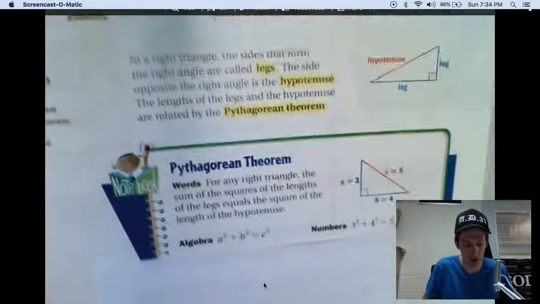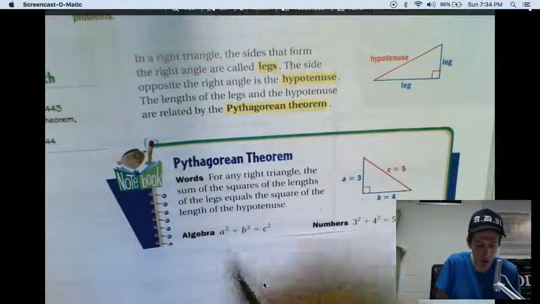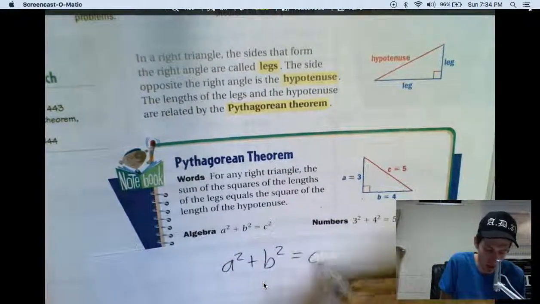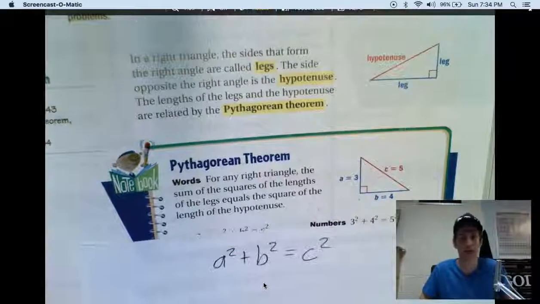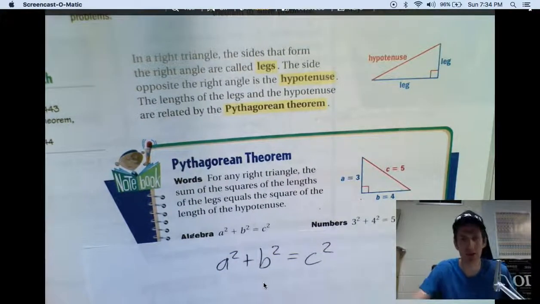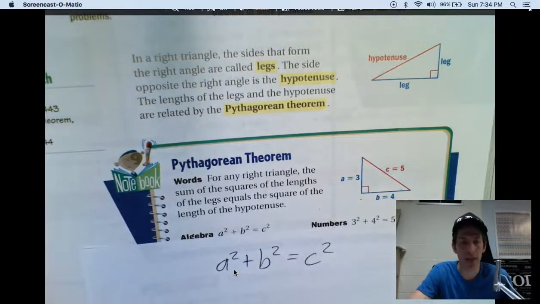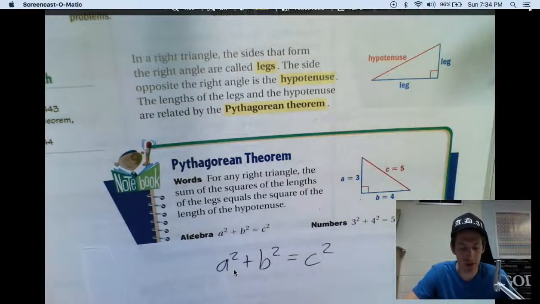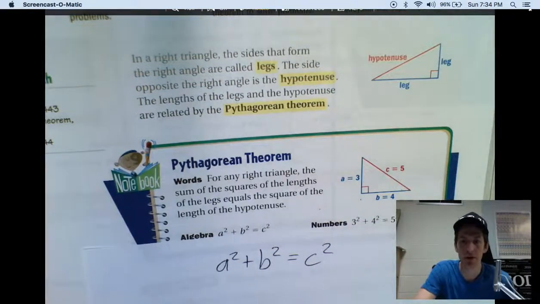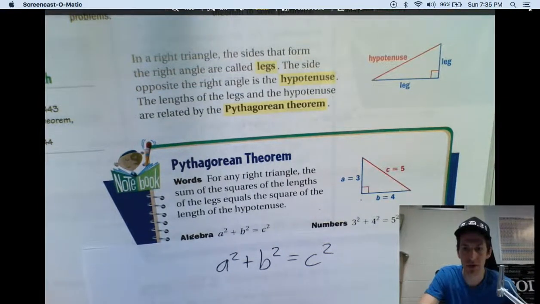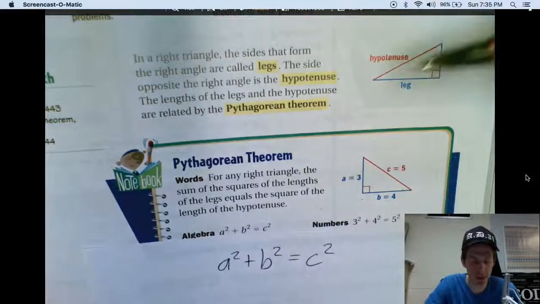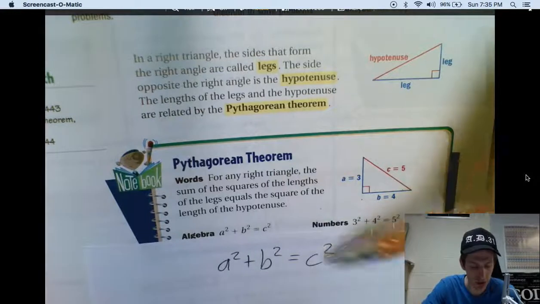The Pythagorean theorem is always a squared plus b squared equals c squared. Now, a and b isn't just any old random number. No, a refers to one leg of the triangle. B refers to the other leg. And then c always refers to the hypotenuse.